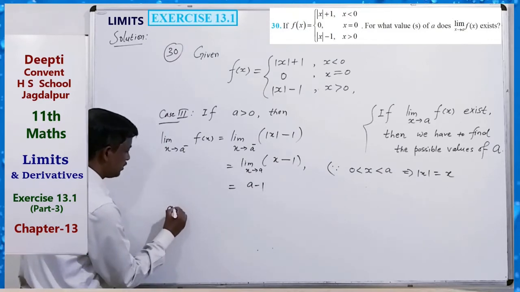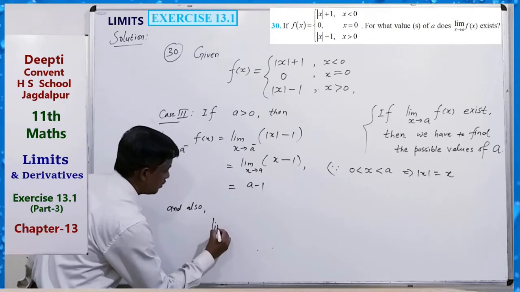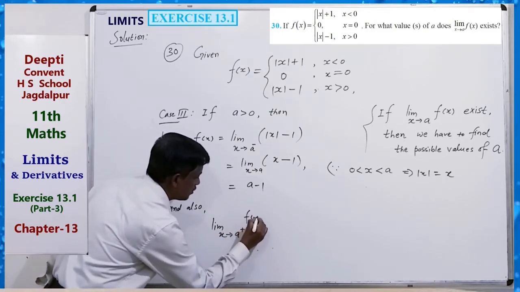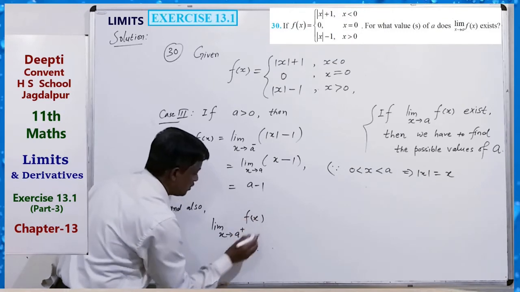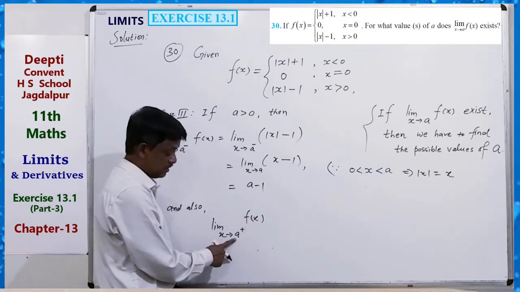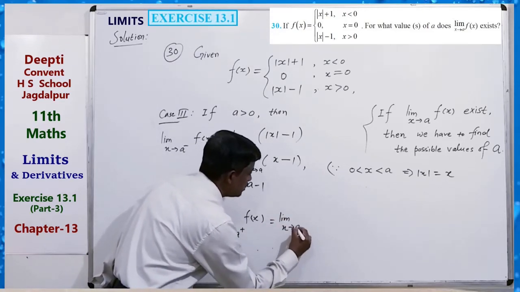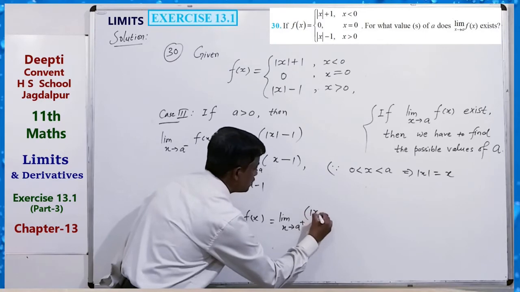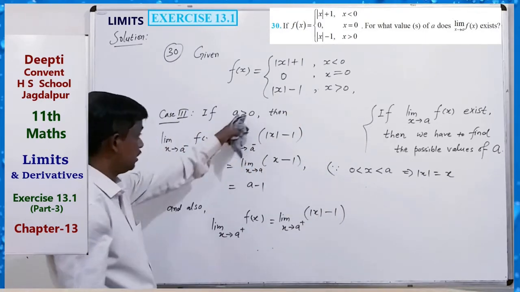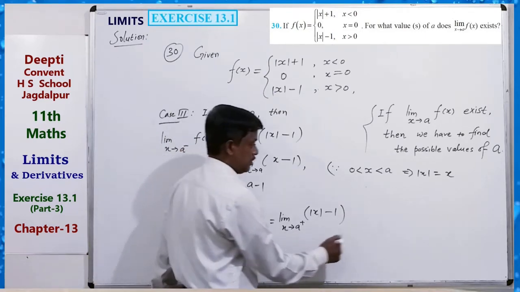Similarly, limit x tending to a plus of f(x): x is greater than a, and a is greater than 0, so we use this value.